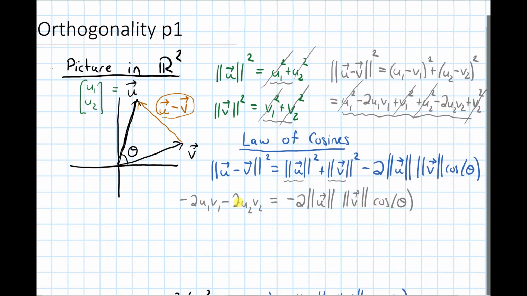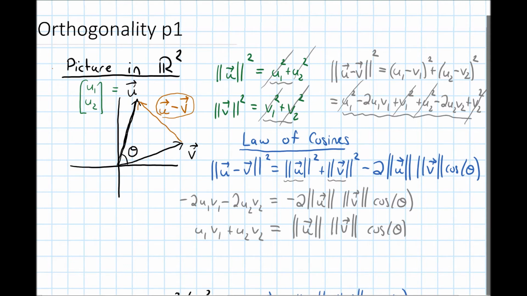Now I can divide both sides by negative 2, and that gives me u1 v1 plus u2 v2 equals the length of u times the length of v times cosine of theta.